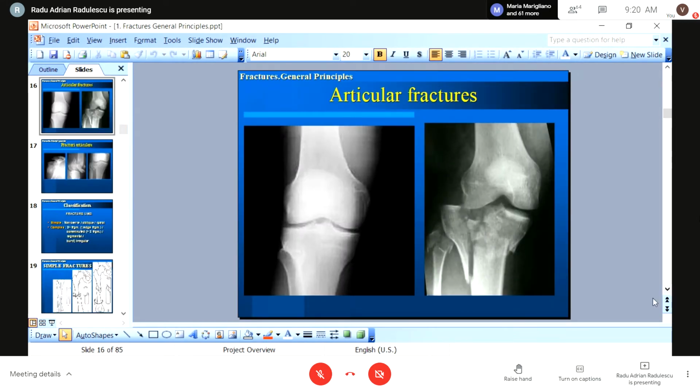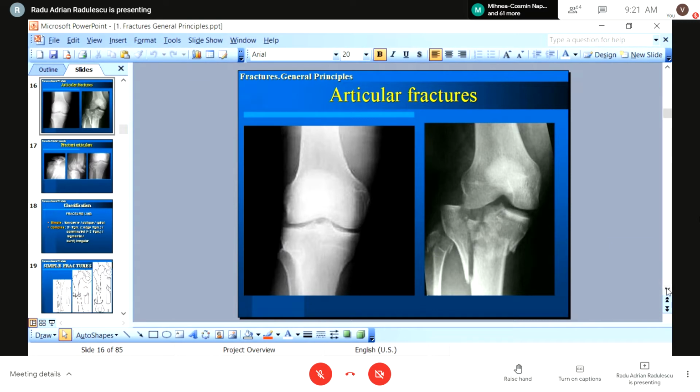Other fractures, like this one, is an articular fracture. You see, this is a fracture of the proximal epiphysis of the tibia. But like you can easily see, it's a comminuted fracture, meaning that it has many fragments, but at least one fracture line goes into the joint and damages the articular surface of the tibia.